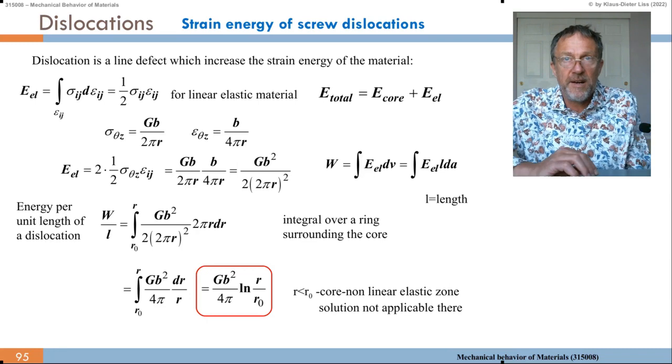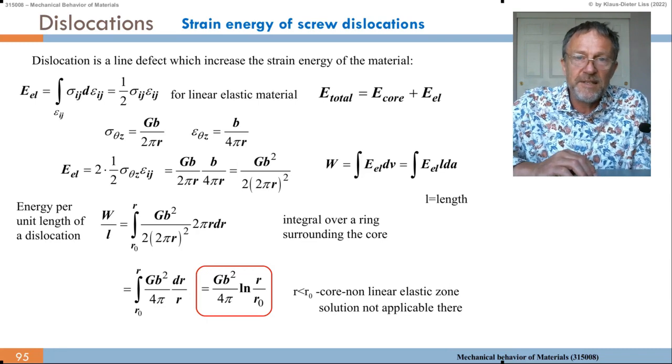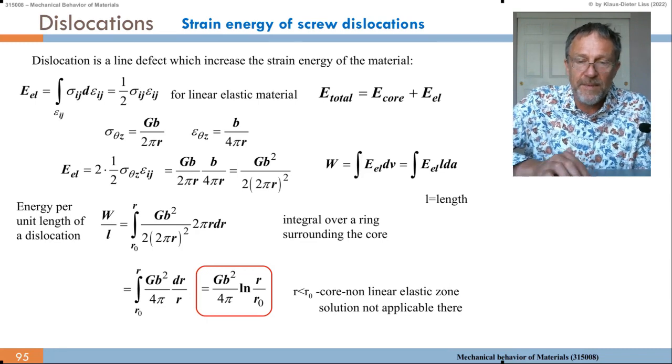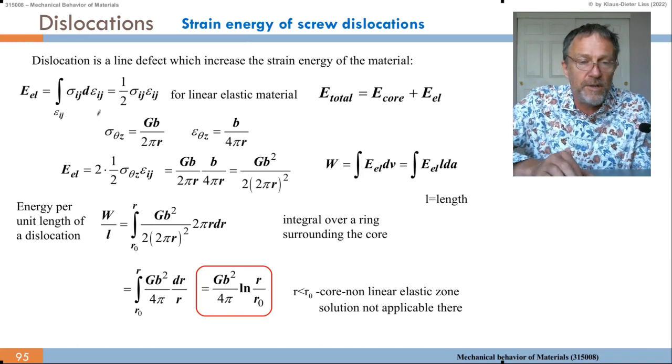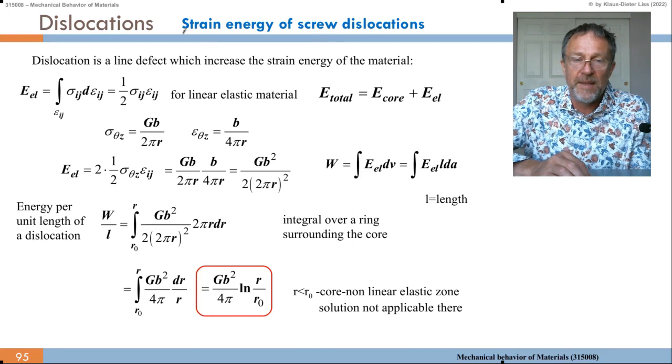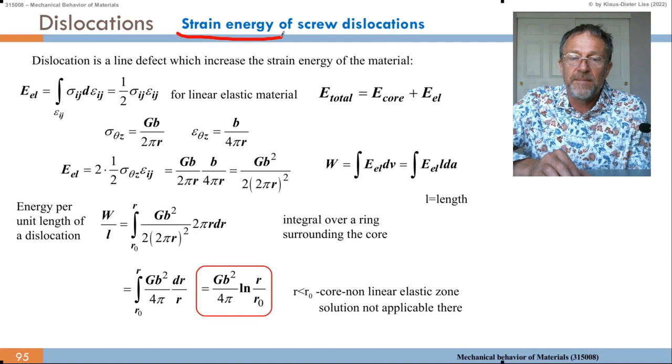Right, so these were now shear stresses and shear strains, or the strains and stresses, shear and longitudinal, around the two types of dislocations. Now I like to introduce the strain energy of the dislocations, again, first of the screw dislocation.